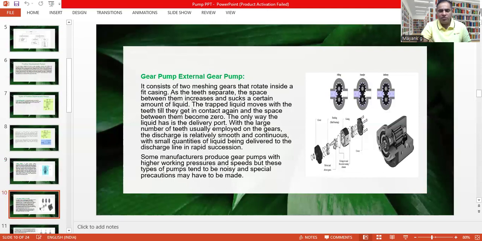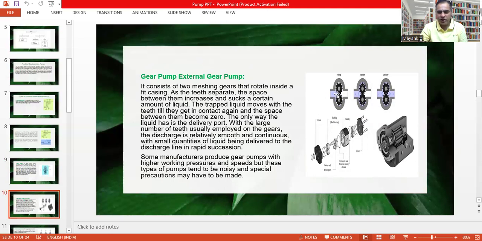The trapped fluid moves with the teeth until they come in contact again, when the space between them becomes zero. The only way the liquid has to go is the delivery port. This is clearly visible in our picture also.